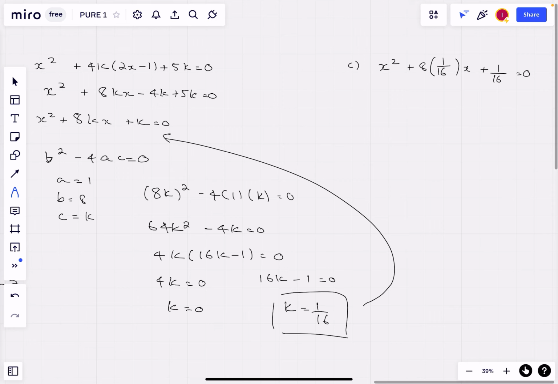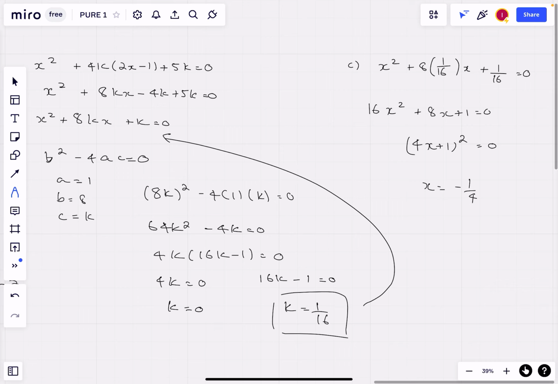Times everything by 16, so you get rid of the fraction, like this. And now factorize. (4x plus 1) all squared equals 0.